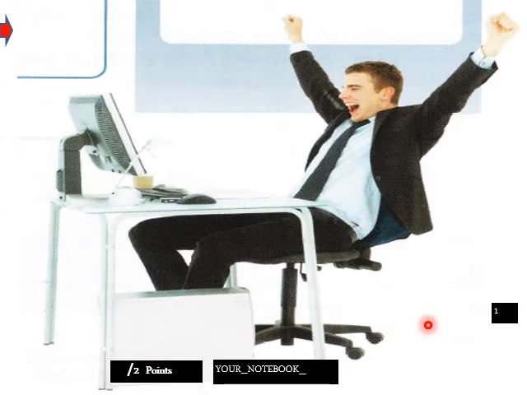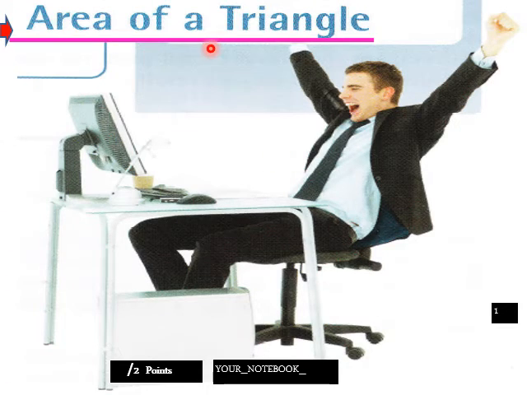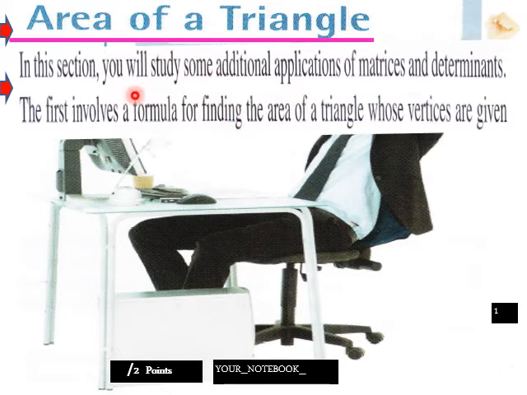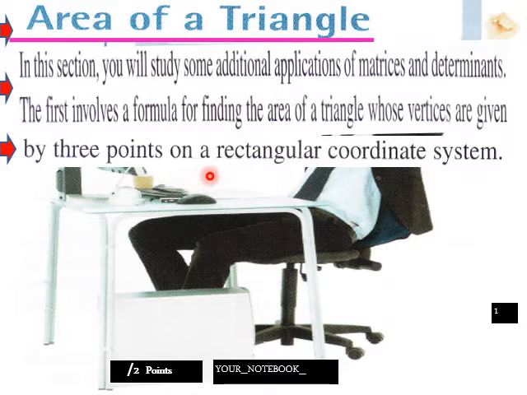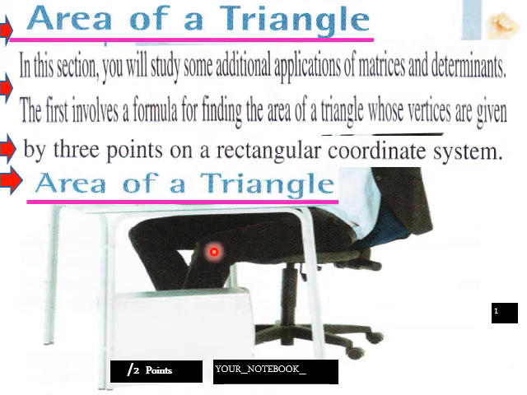Okay, so moving into our first slide here, area of a triangle. In this section, you will study some additional applications of matrices and determinants. The first involves a formula for finding the area of a triangle whose vertices are given by 3 points on a rectangular coordinate system.